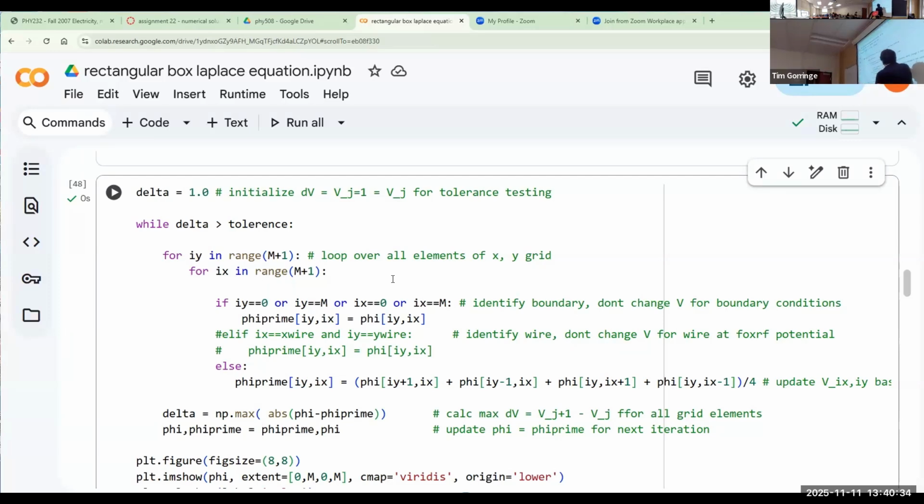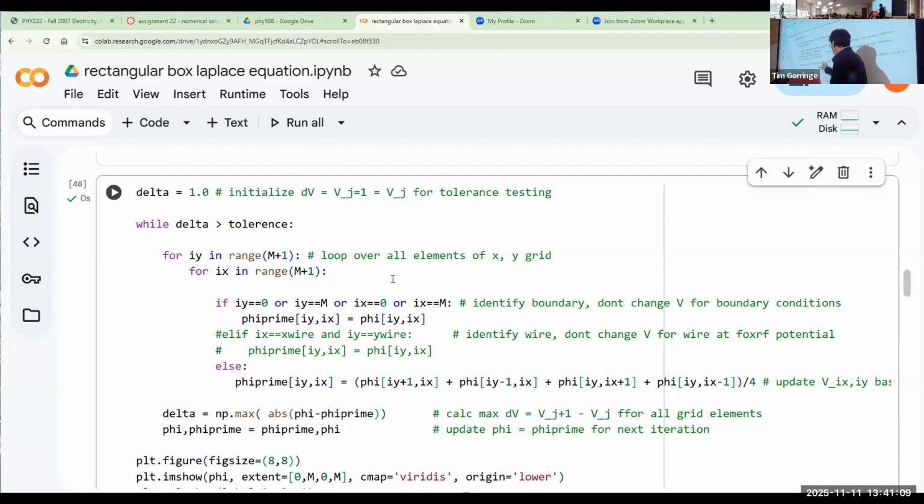This if statement condition is just checking whether I'm on a boundary. Am I on the bottom, the top, the left, or the right of the grid? If I am, phi prime, the updated potential, is going to be the same as the original phi, the outgoing potential. So that's not changing if I'm on the boundary. But if I'm not on the boundary, then I'm going to make phi prime, the updated potential, the average of the 4 nearest neighbors.